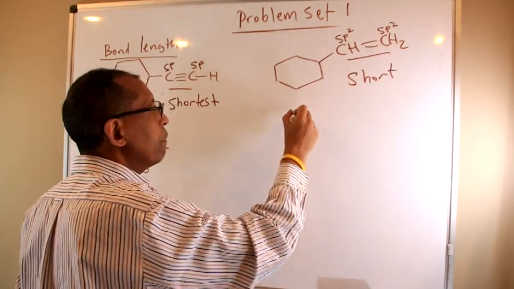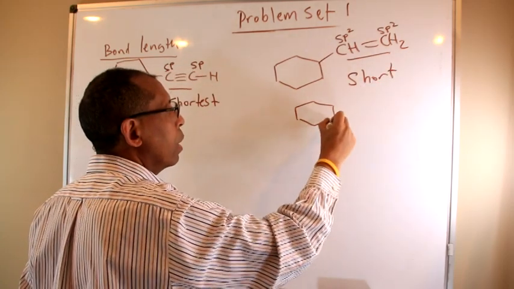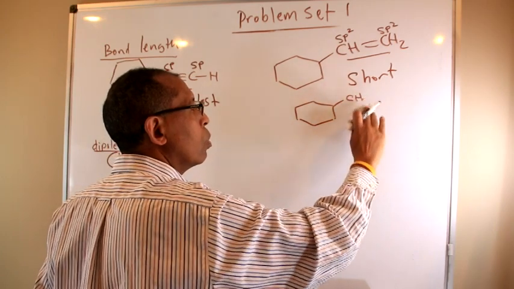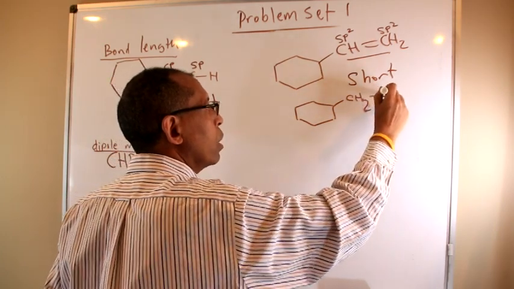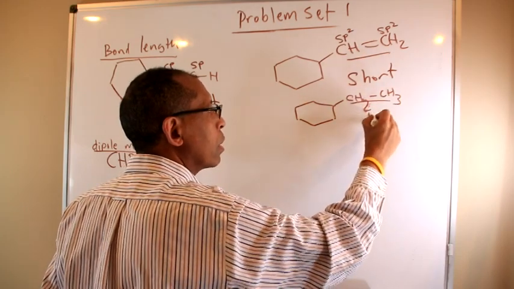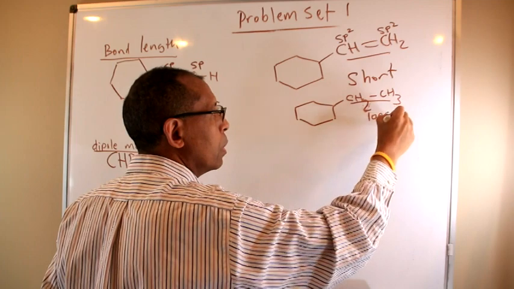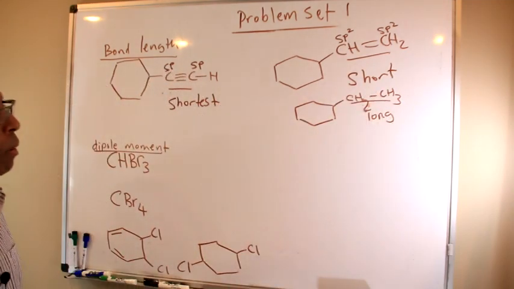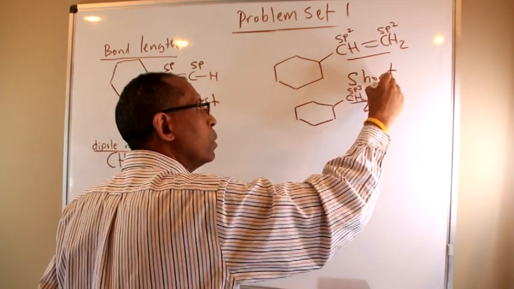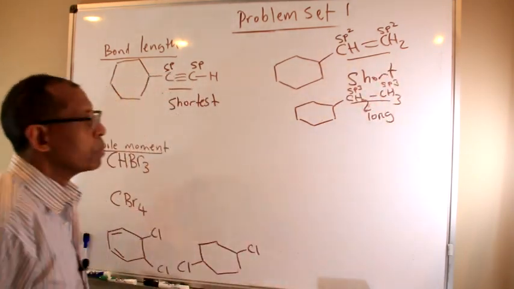And if you have, for example, a single bond like this, CH2, CH3, between this carbon, that is the longest. So to compare, this is sp3 hybridized.